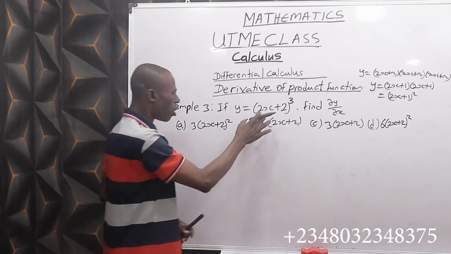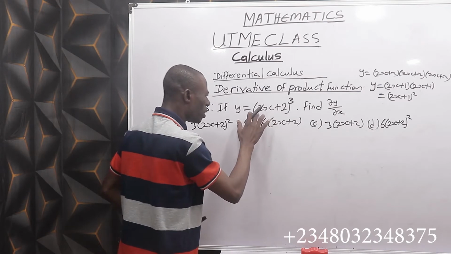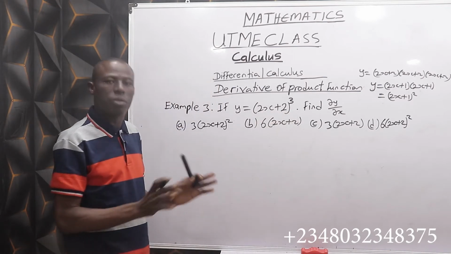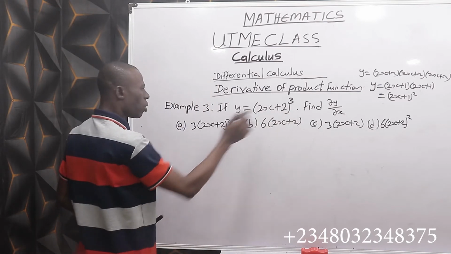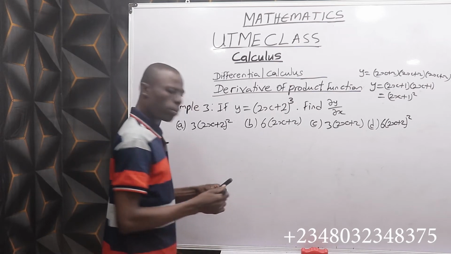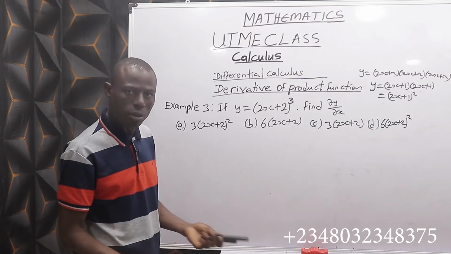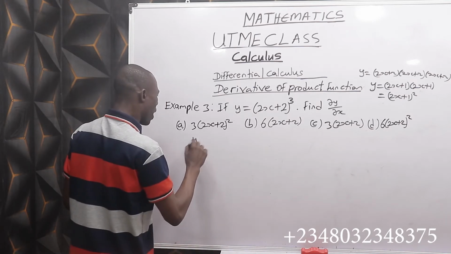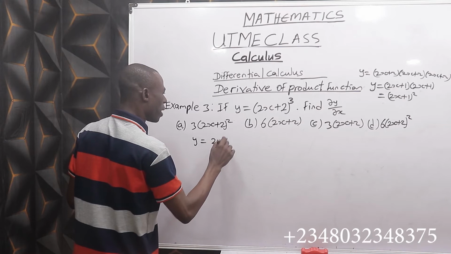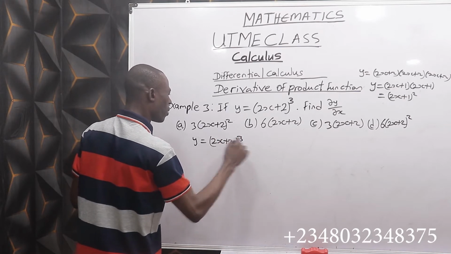But there is a method for differentiation of these for a JAMB student. You don't just gather your formula and say you want to be using formula on it. No, it will waste your time. So y equals 2x plus 2 raised to the power 3.